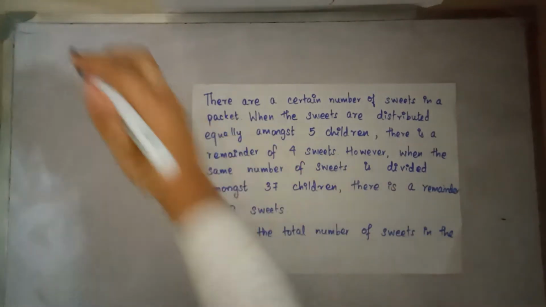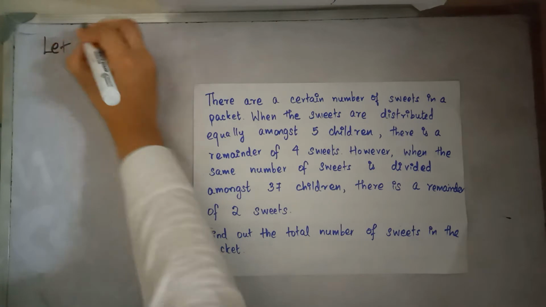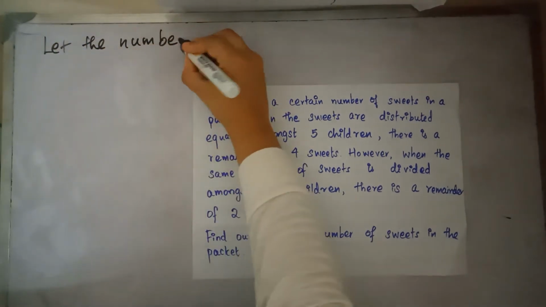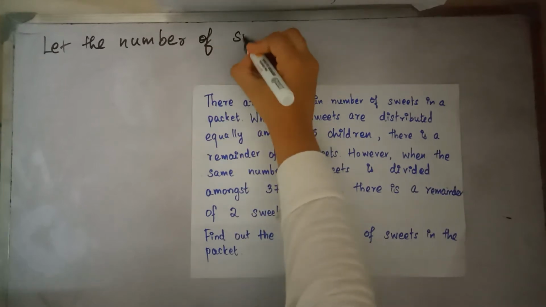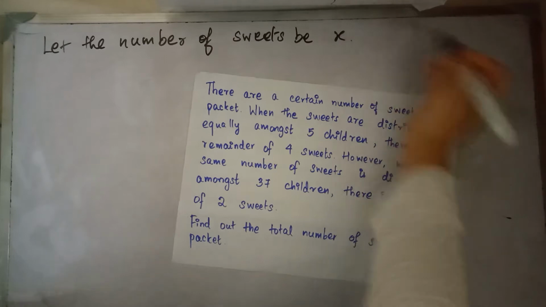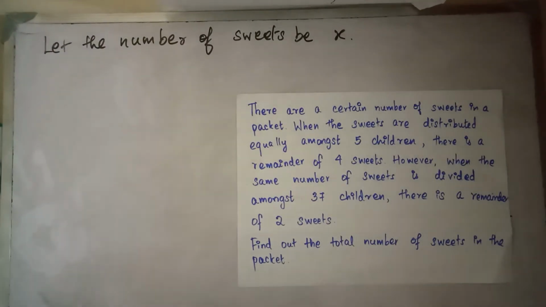Okay, so let's have the number of sweets in the packet as x. Now, there are two conditions, or two cases rather.